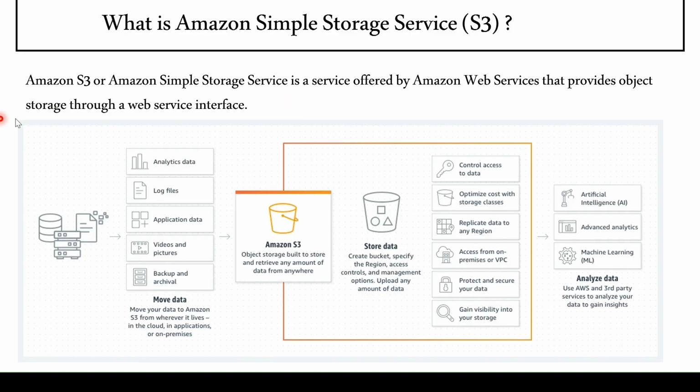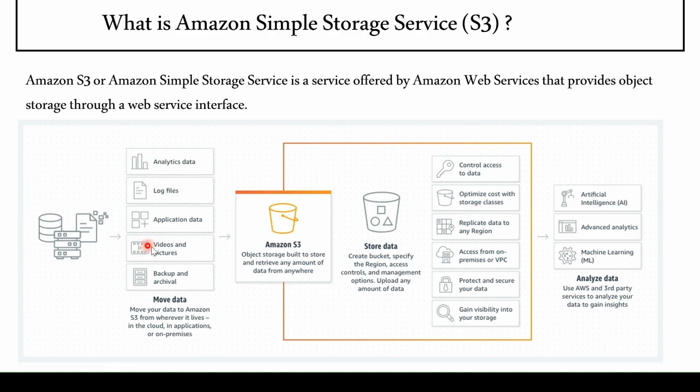In this diagram, we can see the functionality of S3. Here we have the data source from where the data is coming. The data can be from on premises, it can be from another cloud, it can be from any other files or anything.